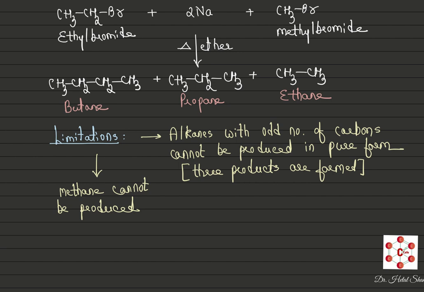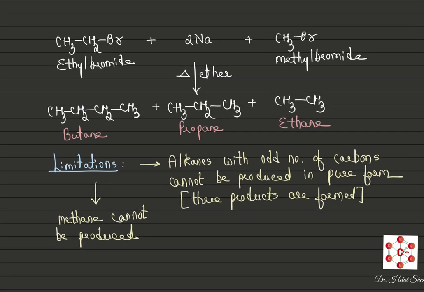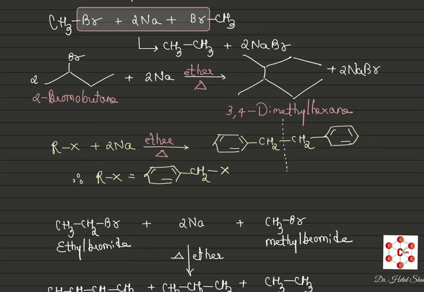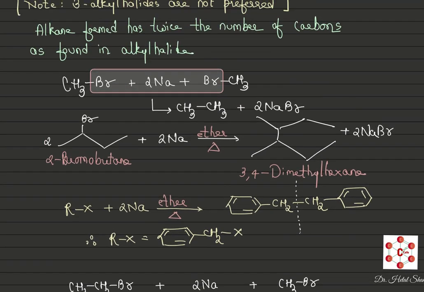Not produced. One carbon, not possible. Yeah. So in the reactions with even numbers of carbons, the examples were all even numbers. The alkane produced has an even number of carbons. 2 carbons. The alkane produced has 8.